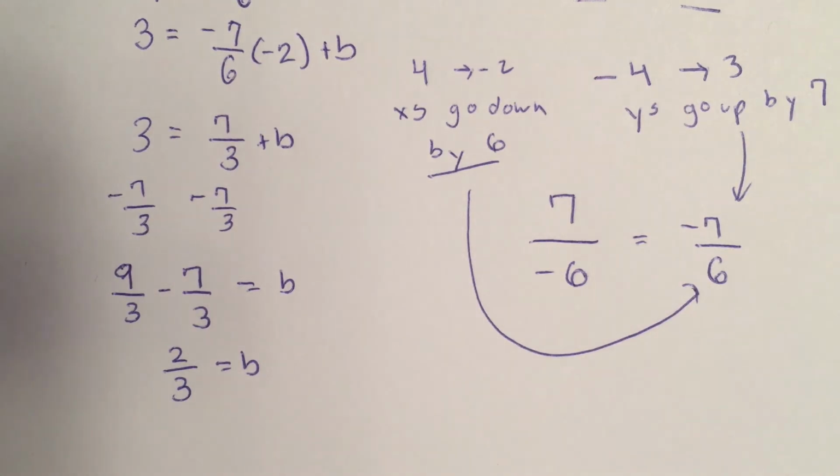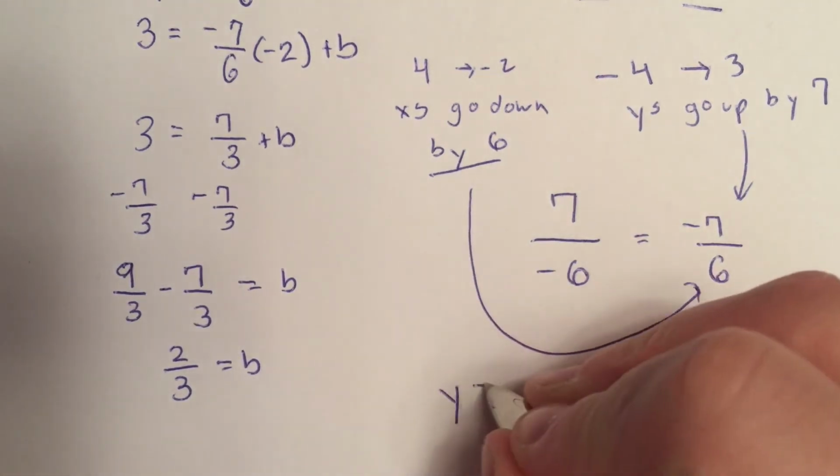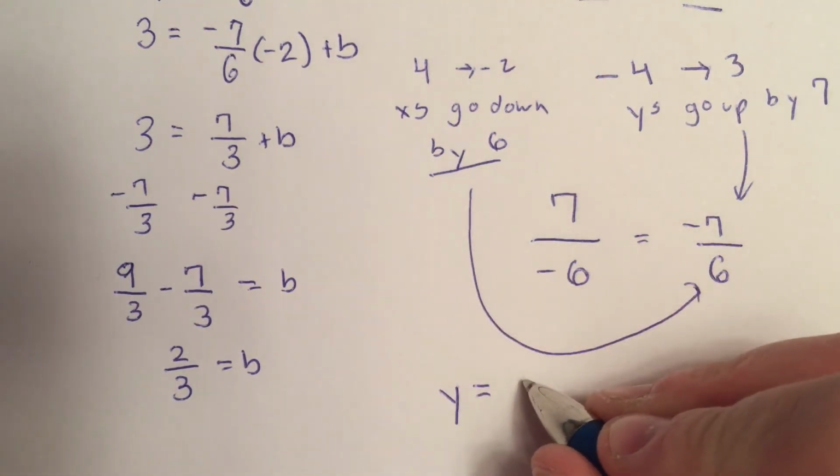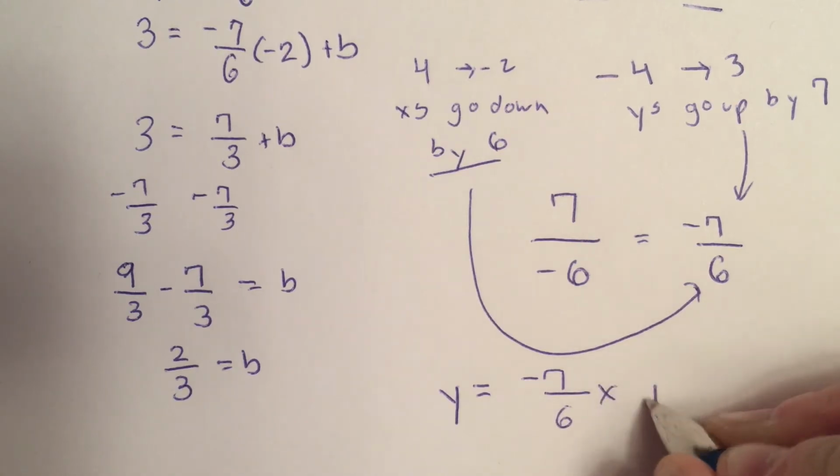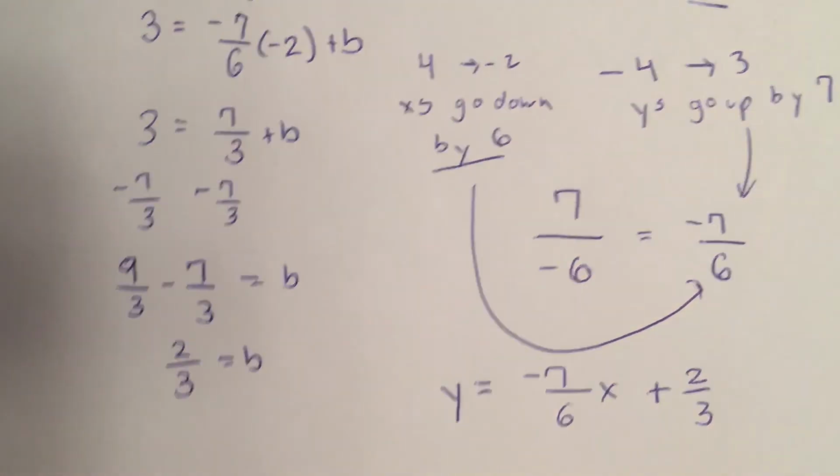Now we have our y-intercept. We can make our equation y equals -7 over 6x plus 2/3.